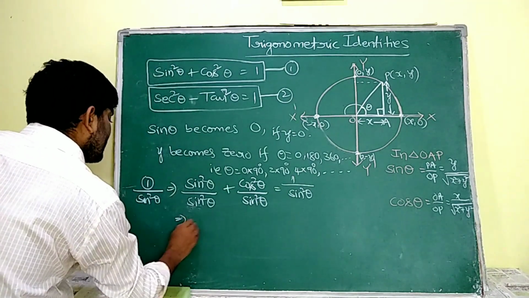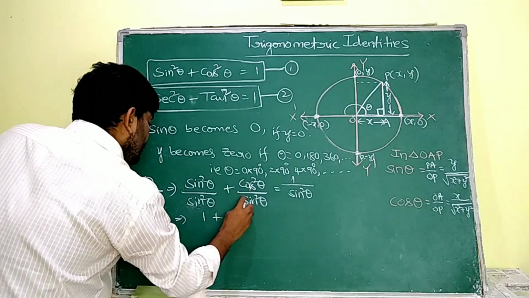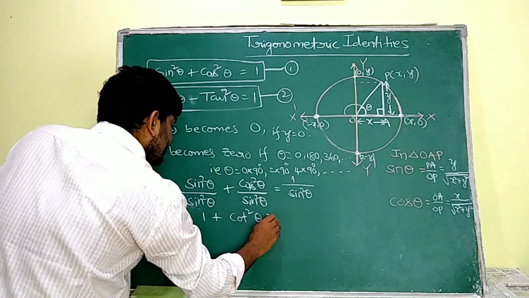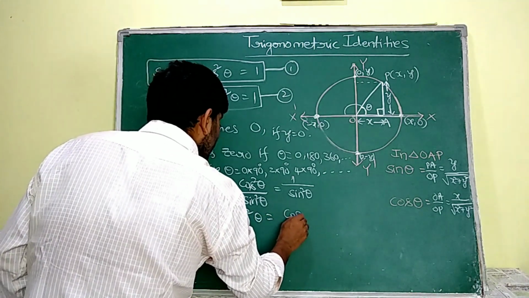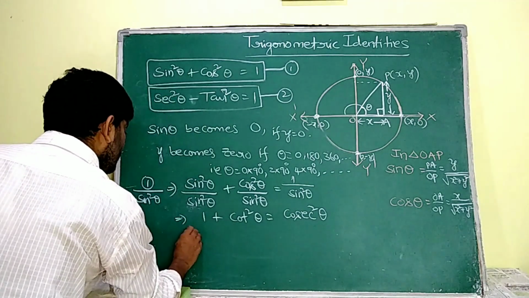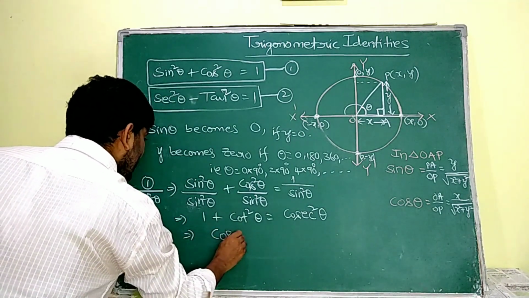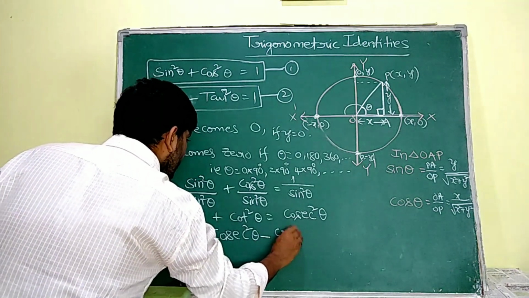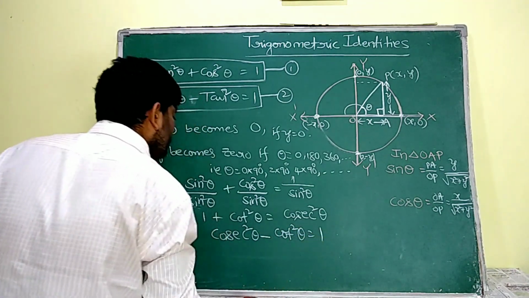Sin square theta by sin square theta means 1. Cos by sin means cot. So cos square by sin square means cot square theta is equal to 1 by sin square, which means cosecant square theta.